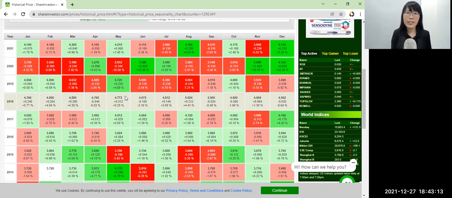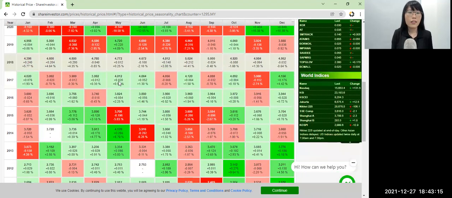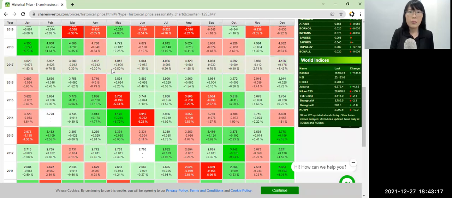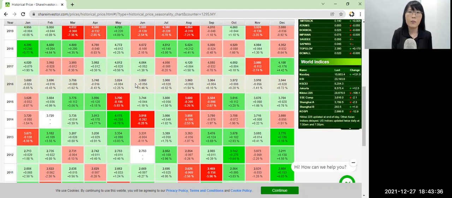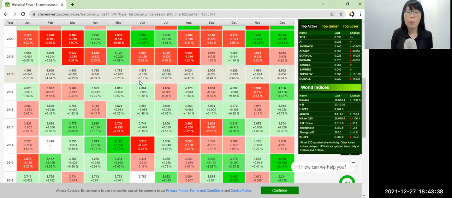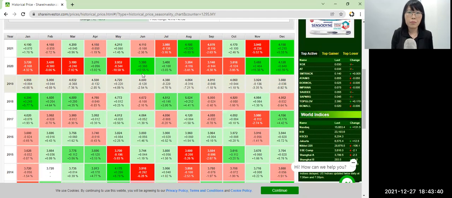For a company that is more seasonal, for example, driven by holiday period or by commodity price, you are able to spot some kind of pattern in profit and share price, better years. So you can see in which month is the best to buy or best to sell.